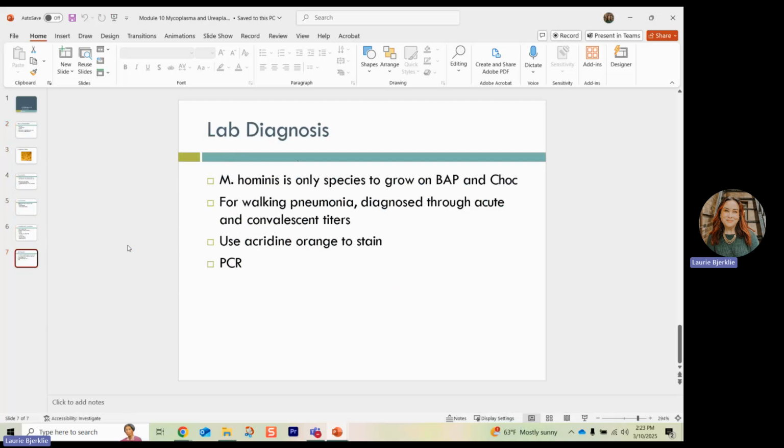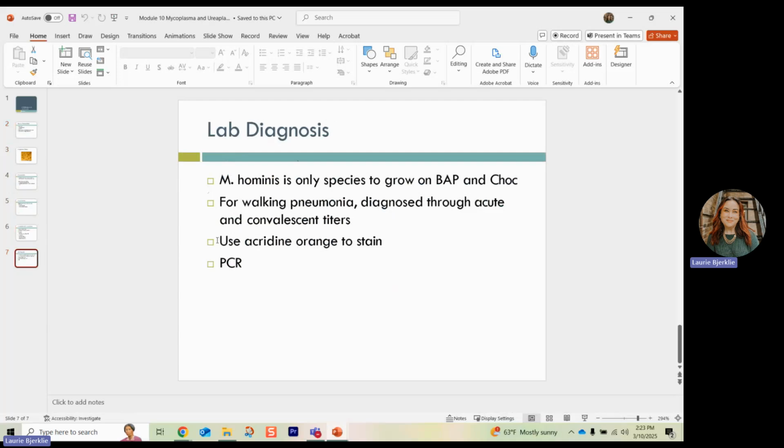We can grow Mycoplasma hominis on blood or chocolate agar, but it's not commonly done. For walking pneumonia, for Mycoplasma pneumoniae, we're using titers. We're looking for antibody-antigen reactions. Ideally, an acute and convalescent titer, meaning that they're drawn about 3 weeks apart. So we're looking at antigen-antibody testing, PCR testing as well for any of the Mycoplasma, Ureaplasma.